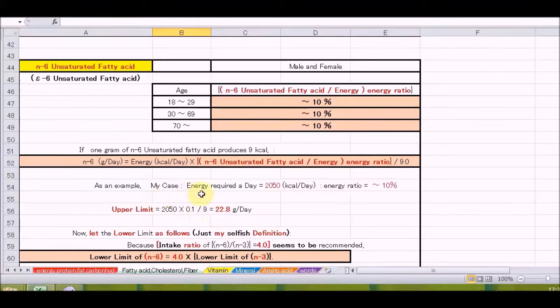For example, in my case, energy required a day 2050, energy ratio below 10%. And so upper limit is 2050 multiplied by 0.1 divided by 9 is 22.8 gram per day.